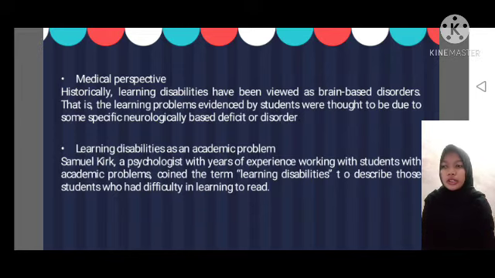Point number one is the medical perspective. Historically, learning disabilities have been viewed as brain-based disorders. That is, the learning problems evidenced by students were thought to be due to some specific neurologically based deficit or disorder.